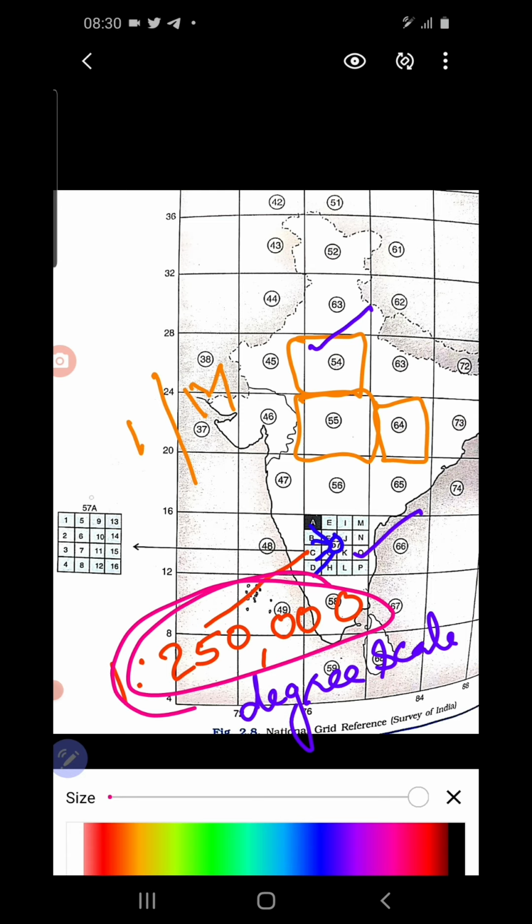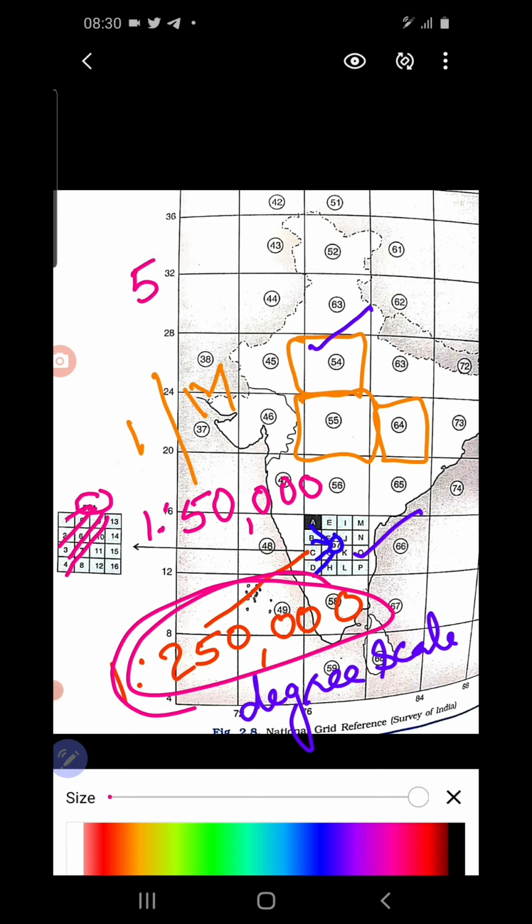You see here 57A, how is it divided into 16? 57A1, 57A2, 57A3, 57A4. It goes like that. Understood? So here the scale adopted is 1 is to 50,000. Again the further division is there.